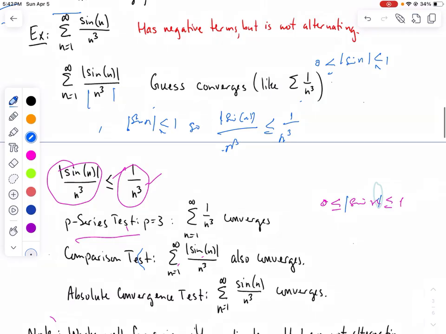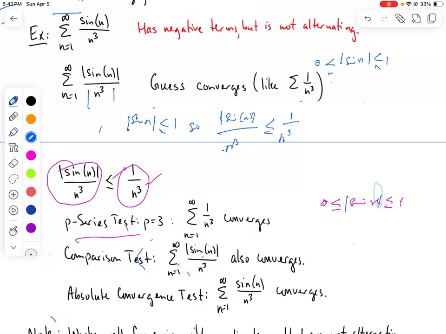Now this series, the summation of 1 over n cubed, converges because it's a p series with p equal to 3, which is greater than 1. And then we can do the comparison test.